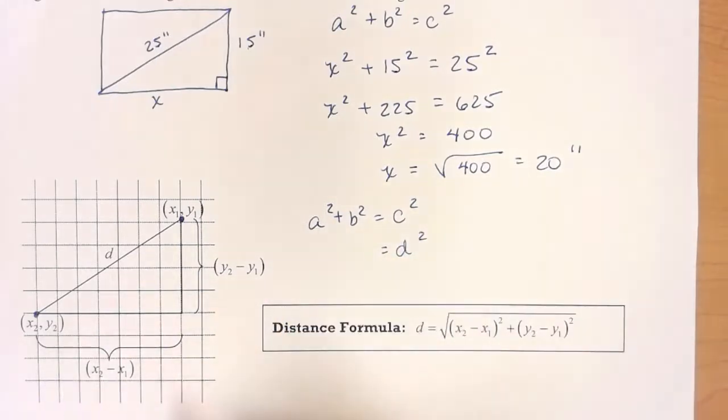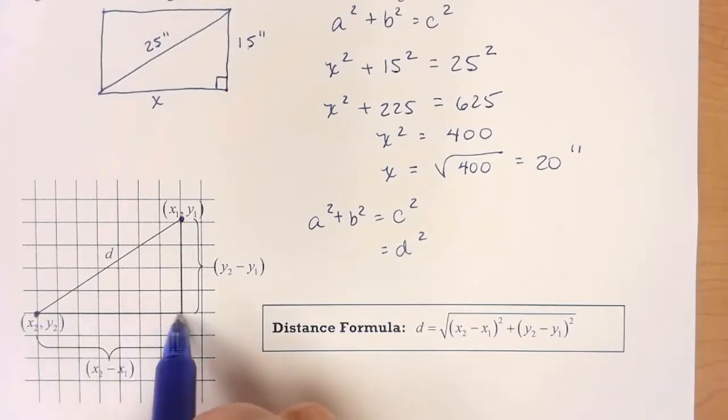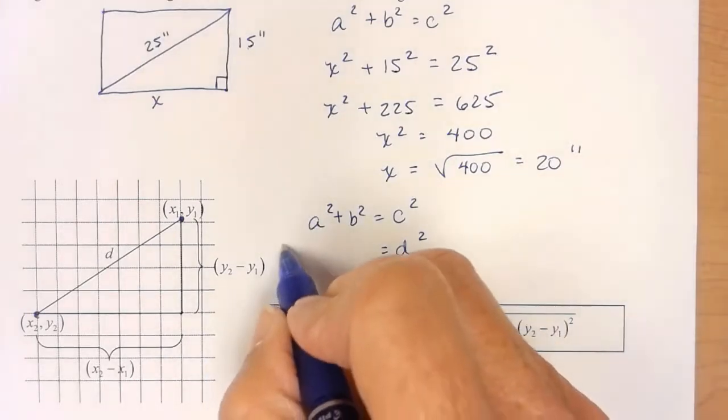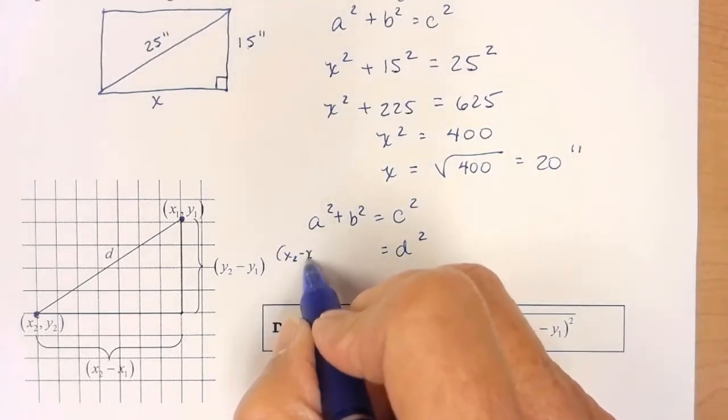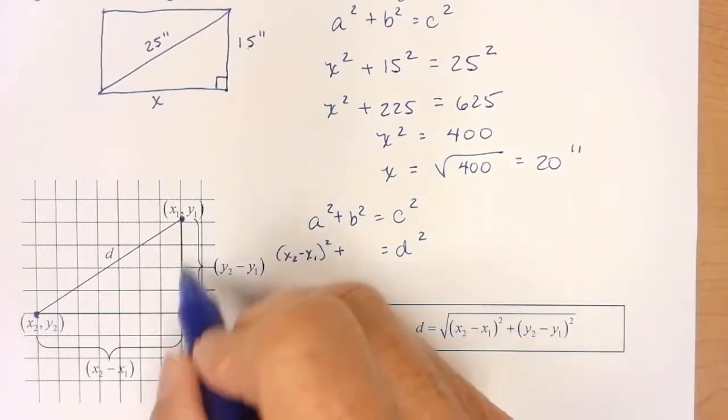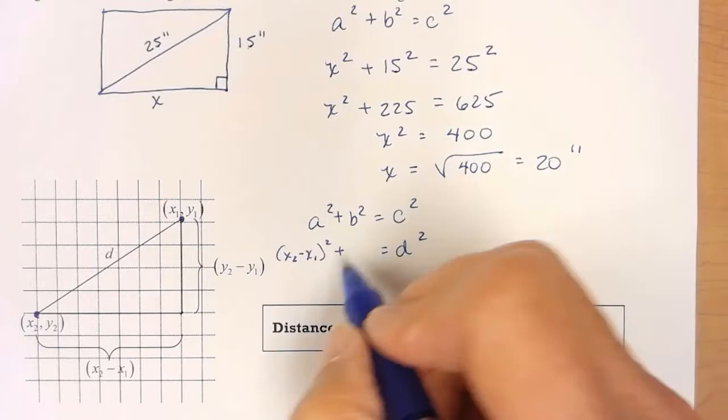My a is one of the legs, so we'll use this. And this is the distance from x sub 2 up here to x sub 1. You subtract them. So I'd have x sub 2 minus x sub 1, that quantity squared, plus also the distance between my y1 and y2.